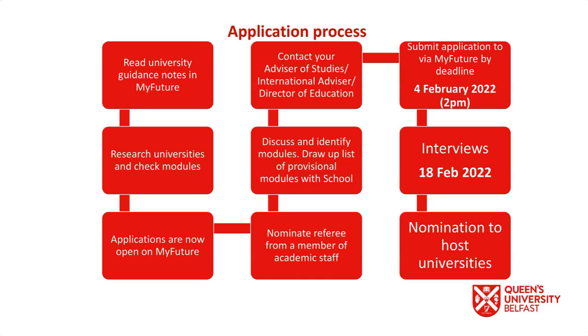Discuss these with your advisor of studies or a point of contact in your school. You'll also need to nominate a referee or academic member of staff who can comment on your academic ability in the application. As I mentioned, the application is available now on My Future.